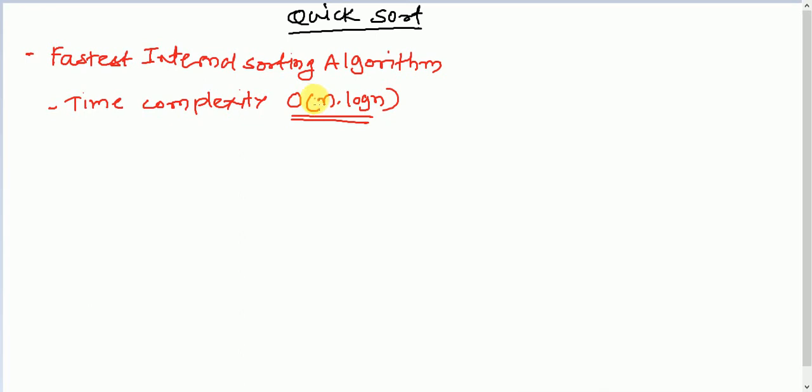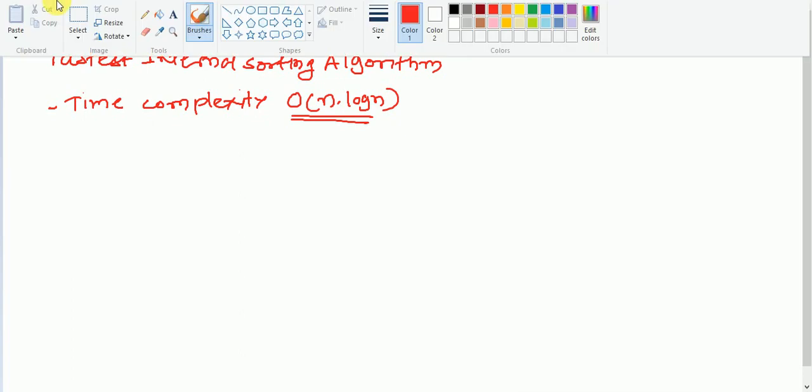Now we will see generally how quick sort works. I'll just give a brief idea of how it sorts the array. For the time being, just remember it is the fastest internal sorting algorithm.